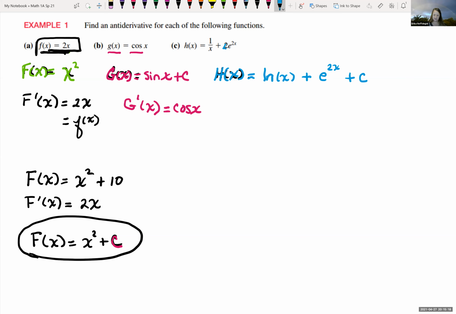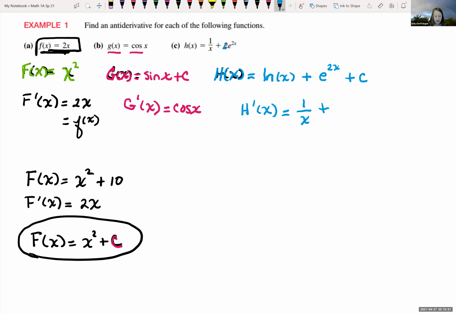Awesome. Good job, guys. So again, we can test this. They might tell you in your homework or on a problem, here is the antiderivative, show me it's the antiderivative of this function. So you're taking the derivative of the antiderivative and showing you get back that function. The derivative of natural log of x is 1 over what you're taking the natural log of, which is x, times the derivative of the inside, which is just 1, plus the derivative of e to the 2x using the chain rule.